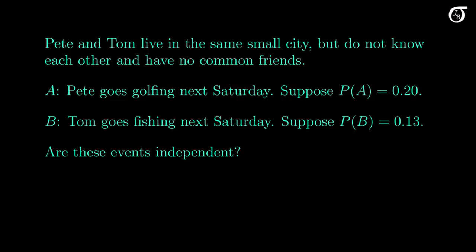Tom and Pete are both influenced by other common factors, the major one here being the weather. Both of these events are much less likely to occur if a severe thunderstorm rolls through, say. And there would be other, more subtle factors linking them together. It's hard to imagine a scenario in which they would be truly independent events in the probability sense.